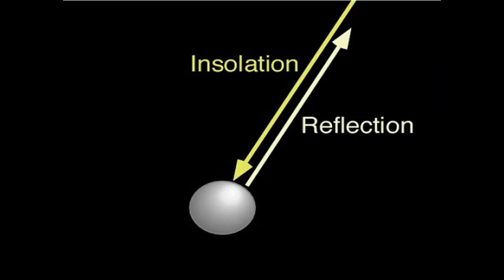Thus, a certain amount of energy is lost and it does not play any role in heating the atmosphere. The reflectivity of a substance, usually expressed as a percentage of the incident radiation reflected, is known as its albedo or reflection coefficient.